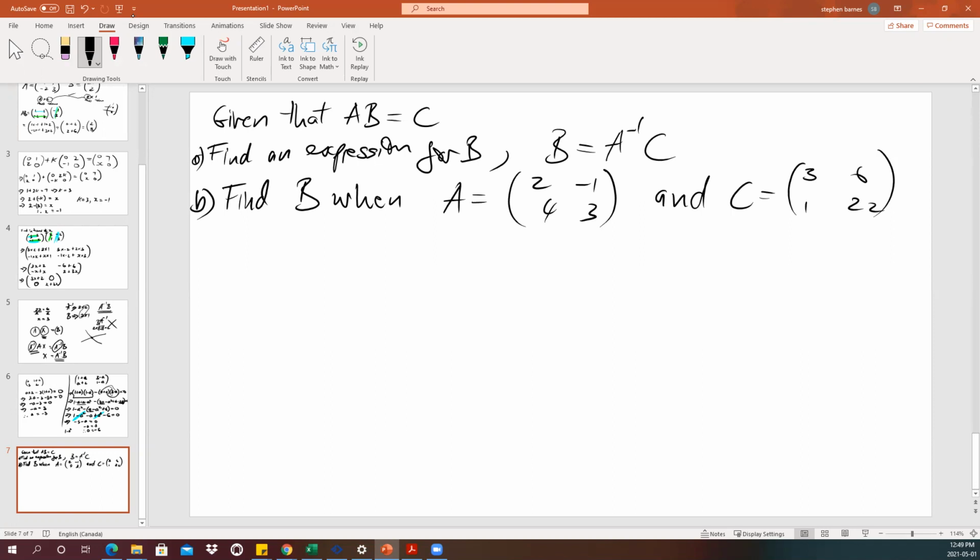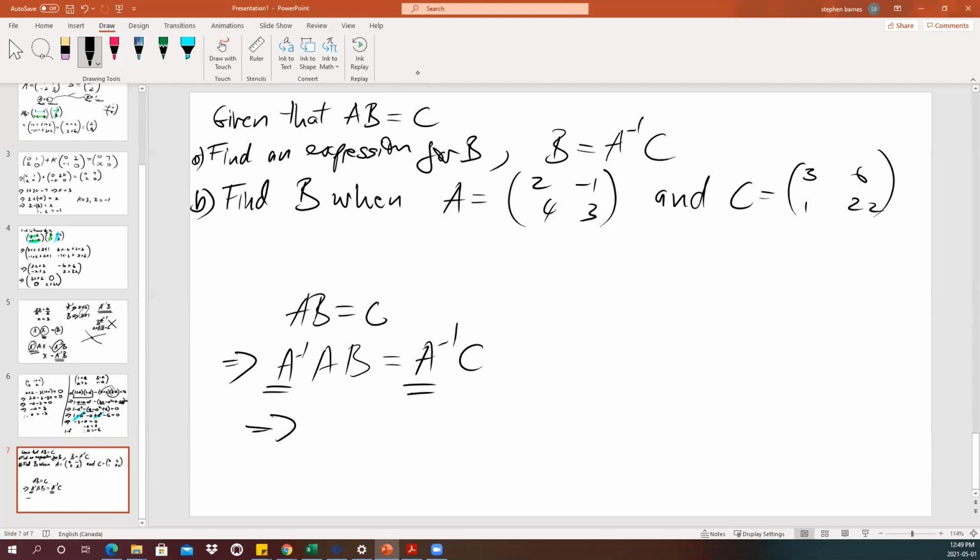So in order to do this question, I need to find A inverse so that I can pre-multiply both sides by A inverse. Let me just make a little jotting down here. So AB equals C. To find B, I put A inverse, pre-multiply to the left, on both sides.